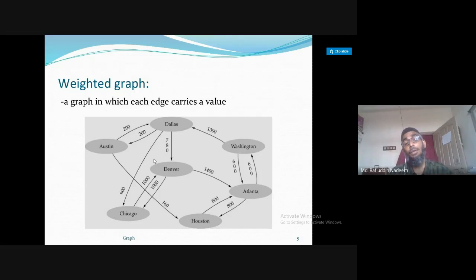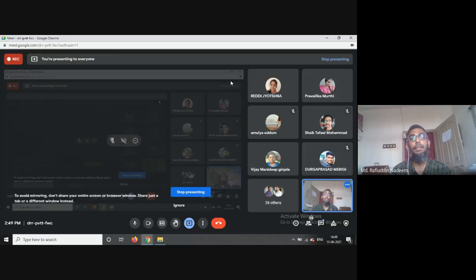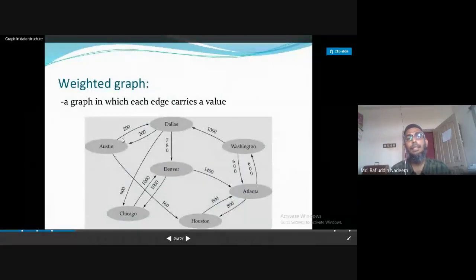How you specify the value, on what basis, depends upon the condition. For example, from Austin to Dallas is mentioned as 200, and from Dallas to Austin is mentioned as 200.